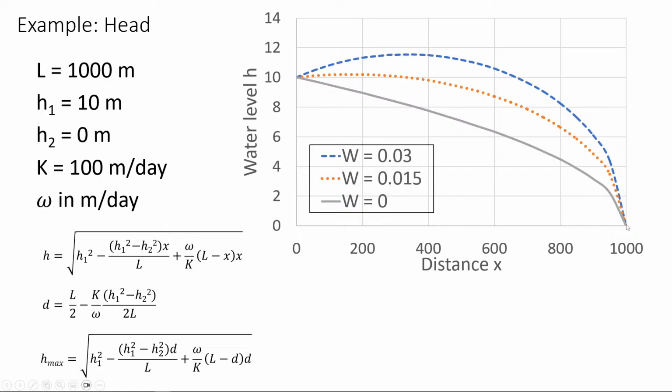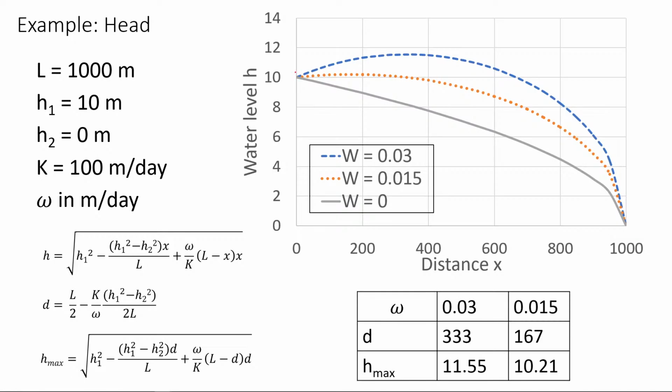So how can you do this? You can simply say, at 0 I know the head is 10, so this is given already. At H2, I know the head is 0. And then anywhere in between, I did this with Excel. You can say at X equal to 200, 400, 600, and plug these numbers into Excel.